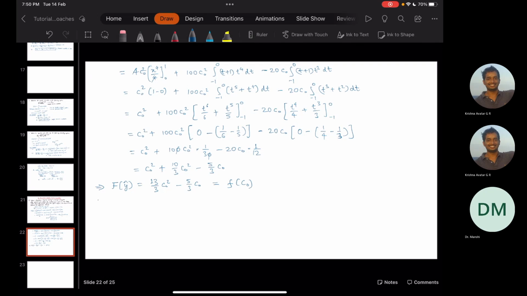So the necessary condition, let's just still call it f of c naught, is given by d f by d c naught is equal to 0.